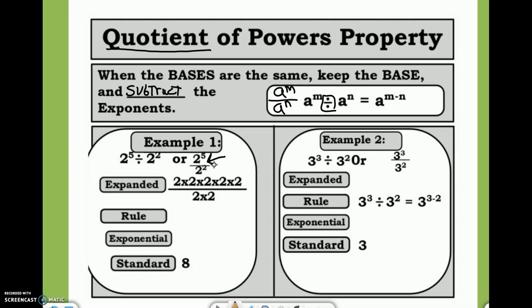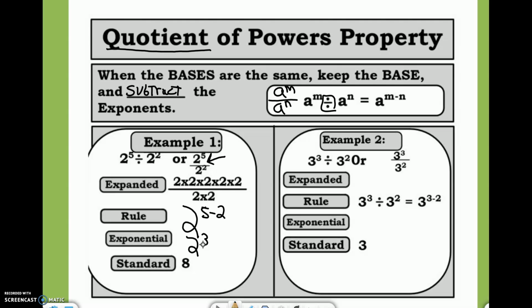So the rule states you keep the base and you subtract the exponents. So 5 minus 2 would give us 2 to the 3rd. And you probably should know our cubes because we've studied them. That would be 8 in standard form.